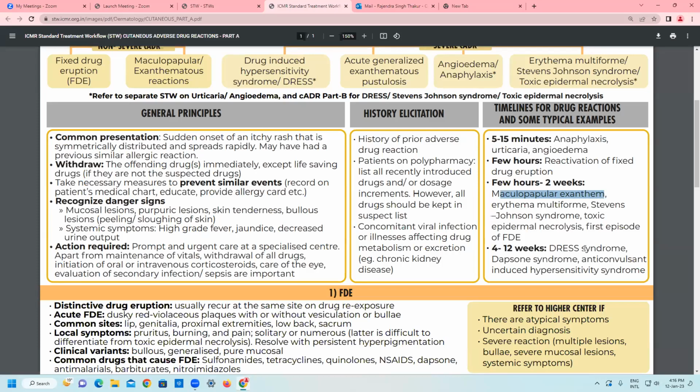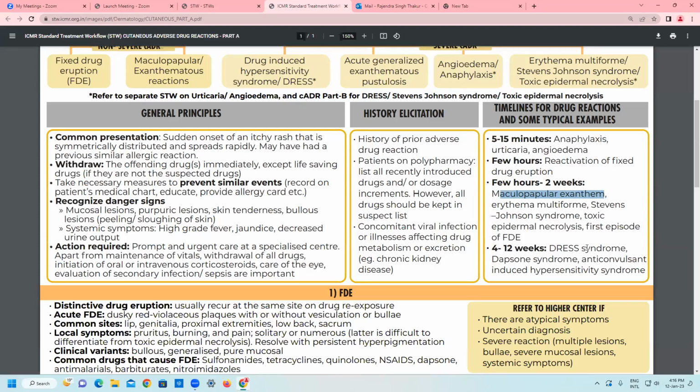Now, somebody taking a drug for 3 or 4 years, say an antihypertensive or anti-diabetic for a long time: it is less likely that drugs already in the system for more than 3 weeks will cause hypersensitivity. Rarely it may happen, but for all practical purposes, that is less likely.